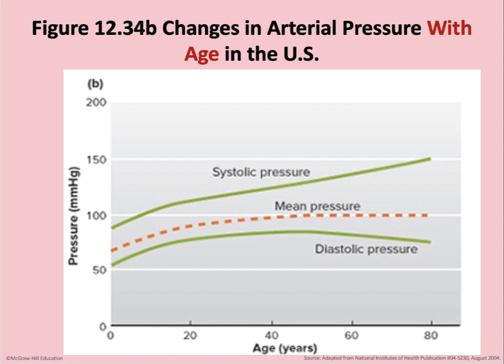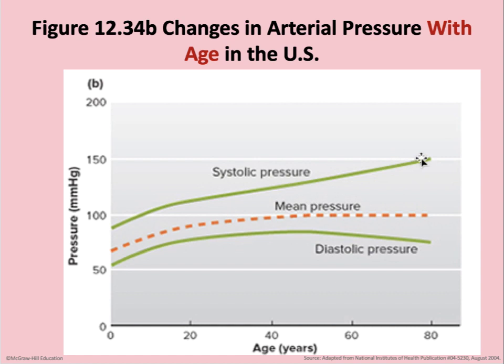As the subjects get older, there's a change in the compliance and the pressures that are generated in the arterial system. Young people have a mean pressure of about 65 to 70 millimeters of mercury, where somebody in their 70s and 80s will have a mean pressure close to 100 millimeters of mercury.